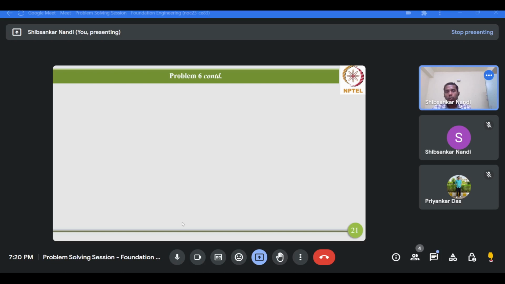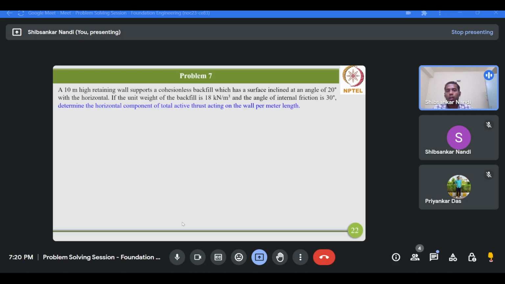And in problem 7, we'll try to determine the horizontal component of total active thrust for a retaining wall which is having an inclined backfill. So far, we have considered that all the backfills are having a horizontal surface.